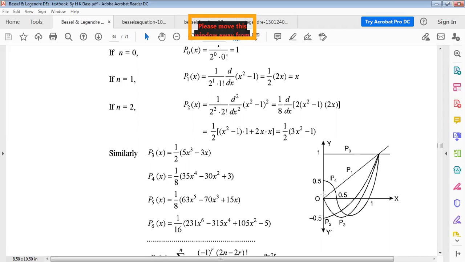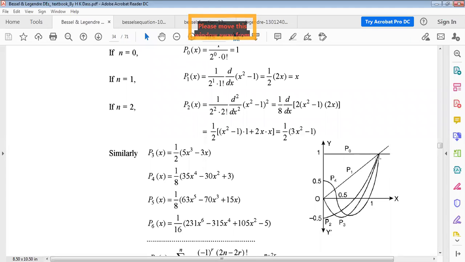This is y equals x, and the slope is 45 degrees. For n equals 2, P2 is y equals this function, and you can plot it. Then P3, y equals this function, can be plotted like this.